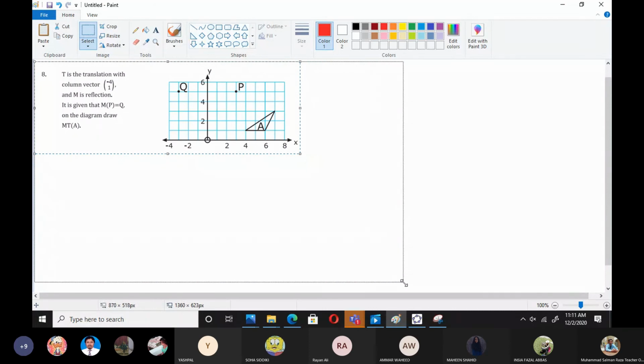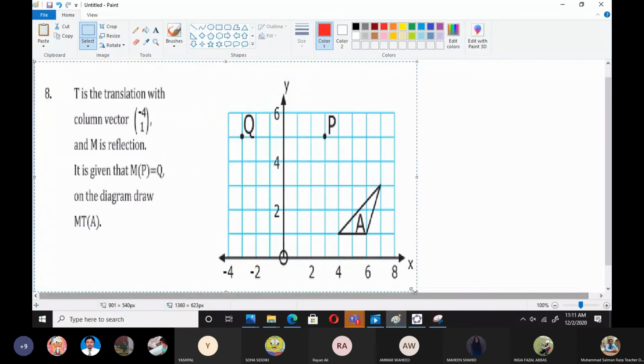I am going to make it till here so that I may write. Okay? In the previous question, that was writing a problem. So now the very first thing is P is going to be Q. It's mentioned over here. Okay.